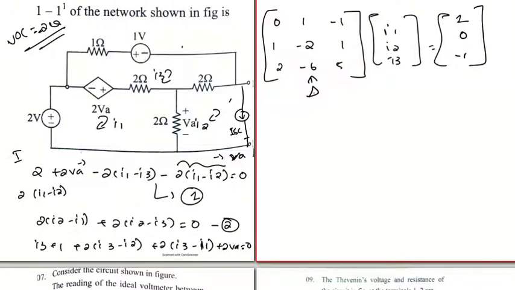So this is our delta. So delta we get is the determinant of this particular matrix.